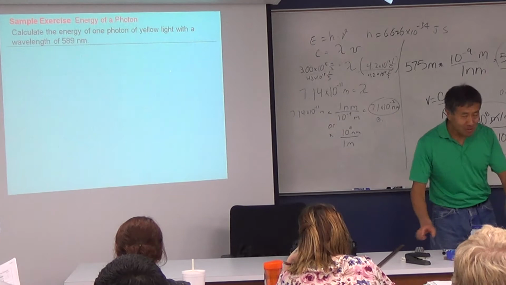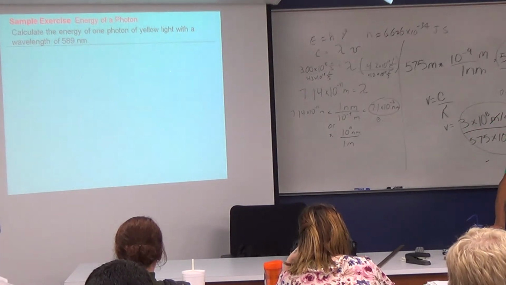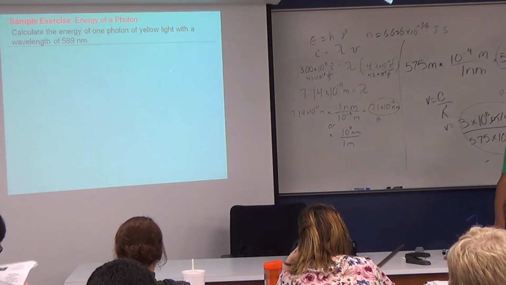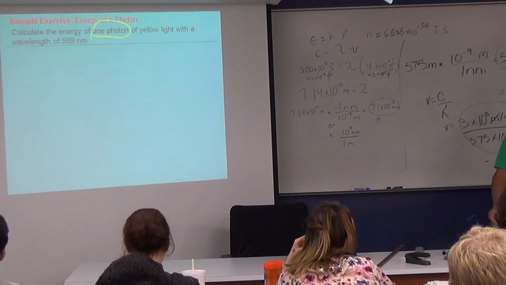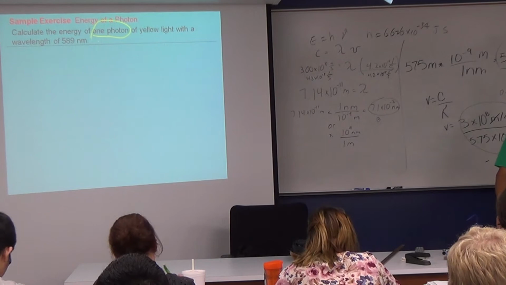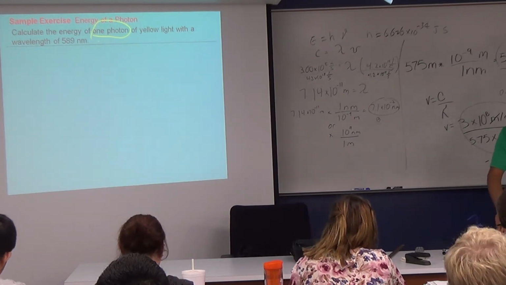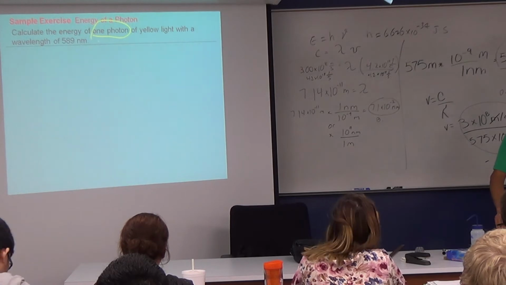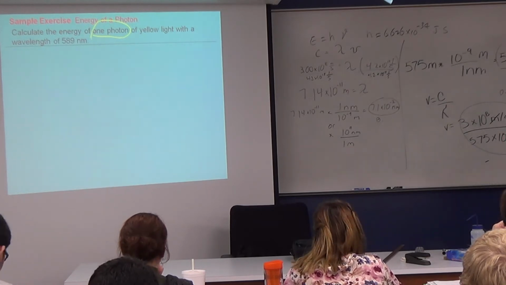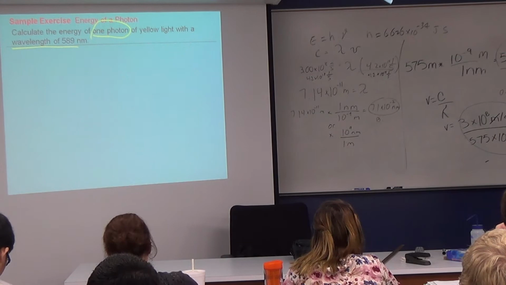So let's do a calculation. You want to calculate the energy of one photon. Be careful, it's for one photon. Remember that formula for one photon, of yellow light with a wavelength of 589 nanometers. We have two equations.